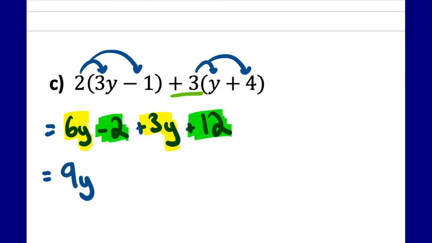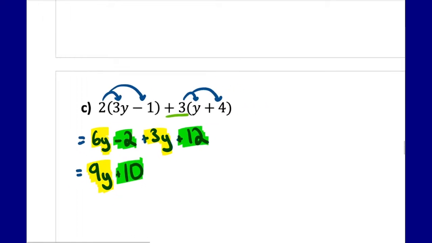Negative 2 plus 12 is positive 10. I've now collected my like terms. I can't simplify it any further, so that's the end of my distributive property and collecting like terms.